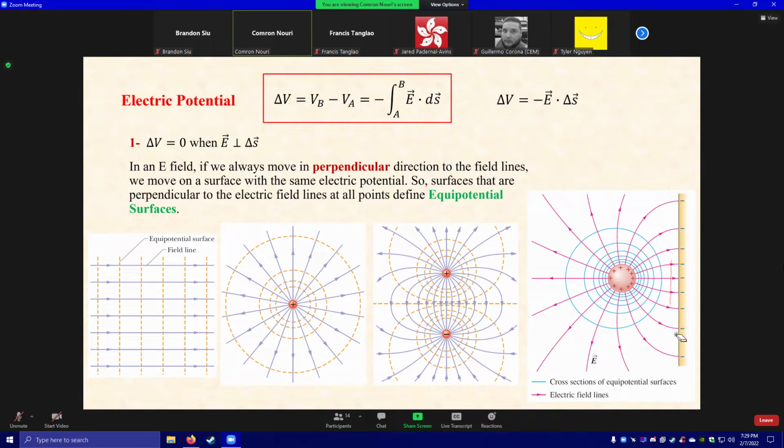But if you go close to the dot or the sphere, it becomes closer to the sphere. So this delta S being perpendicular to the electric field, which makes delta V equal to 0, gives us equipotential surfaces. Make sense? Any questions?